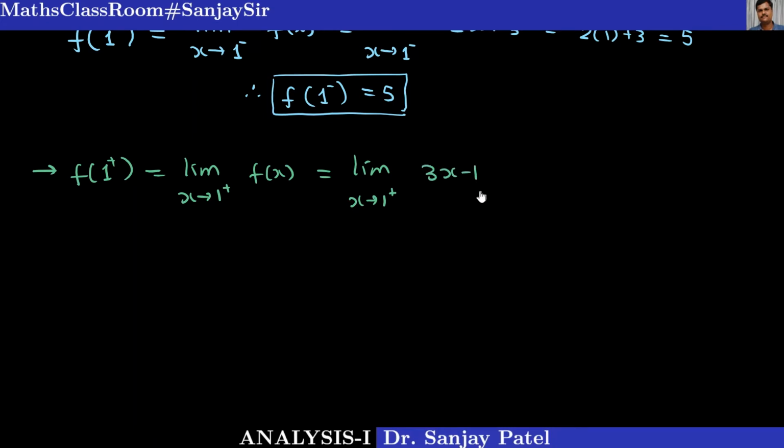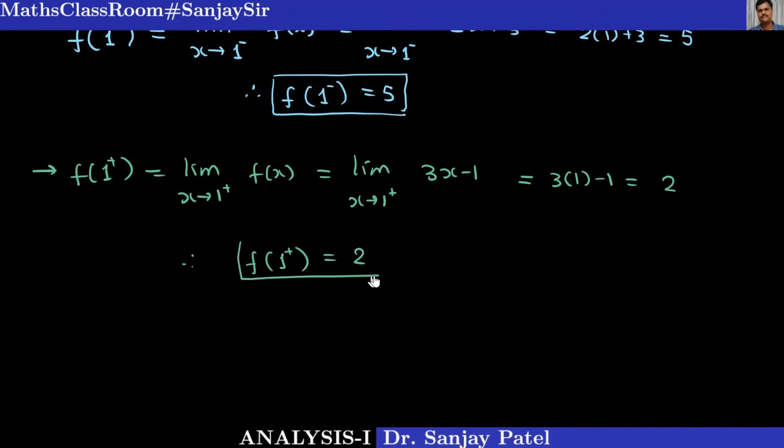Again, 3x minus 1 is a linear function, therefore it is continuous at every point, so it is also continuous at 1. So I can put x equal to 1 directly because it is the value of the function at 1. So that is 3 minus 1 is equal to 2. So what we are getting here is f of 1 plus is equal to 2.